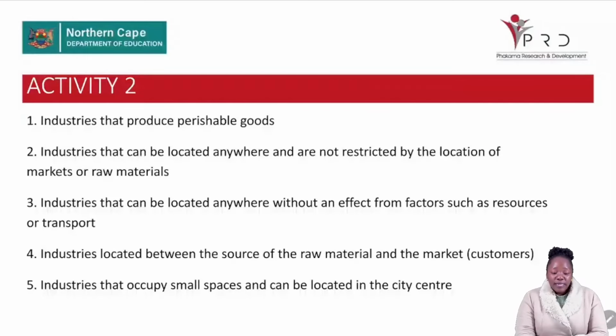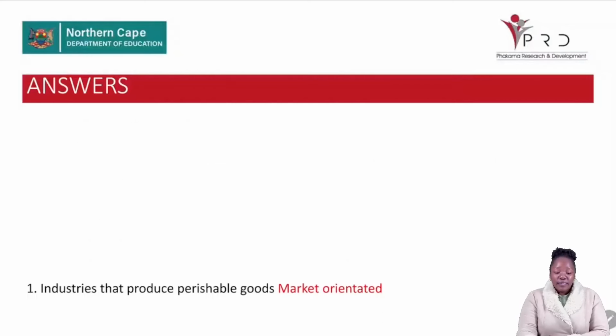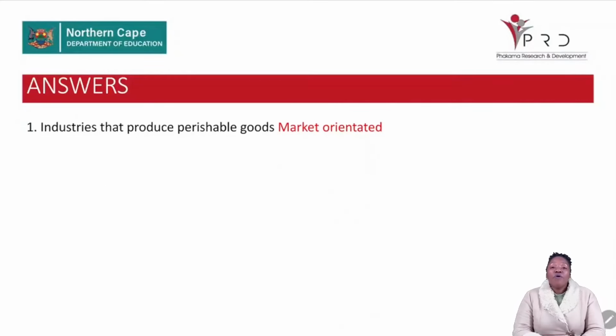Right, girls and boys, let's hope everyone is done. So we've got our first answer. It says the industries that produce perishable goods. We said it's market orientated.